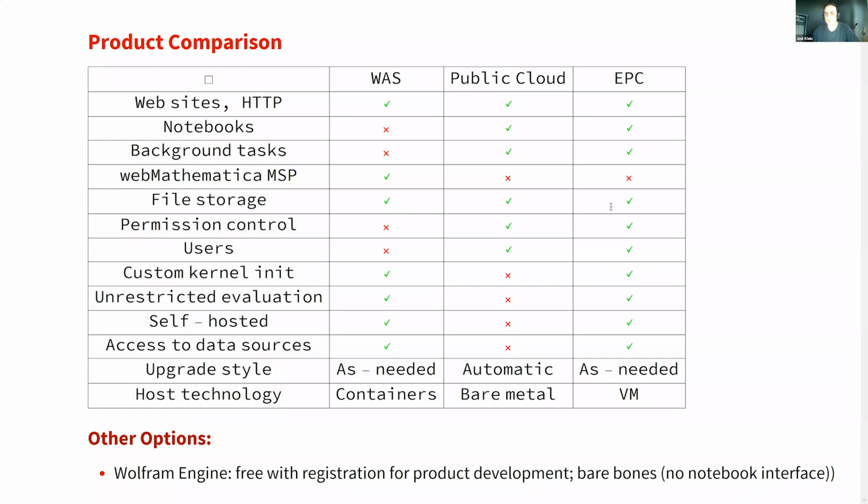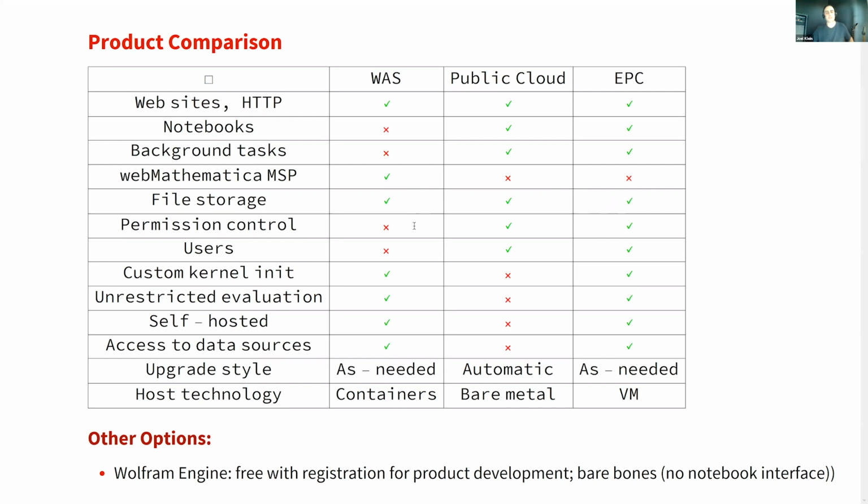They all have file storage. Presently, I'd give the edge to the cloud as far as ease of accessing the files, with all the different options that are already available. WAS is pretty new, so it hasn't developed that, but you can do it.